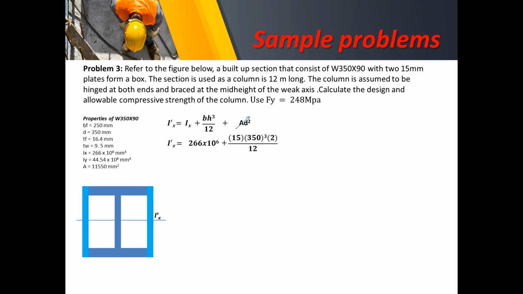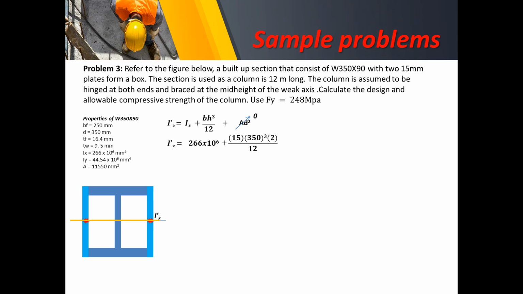So next is the value of this one, Ad squared, or the transfer distance, which is obviously equal to 0. Why? Because from the center of gravity, there is no transfer distance along x.